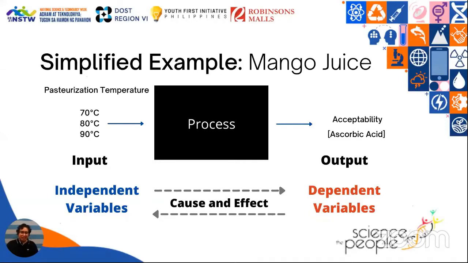So basically, what you're trying to do is you want to know yung independent variable mo, pasteurization temperature, kung ano yung effect niya towards product acceptability and vitamin C content. So in this example, yung dependent variables mo ay ito, acceptability and ascorbic acid.